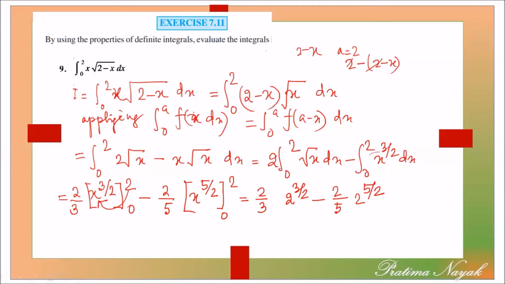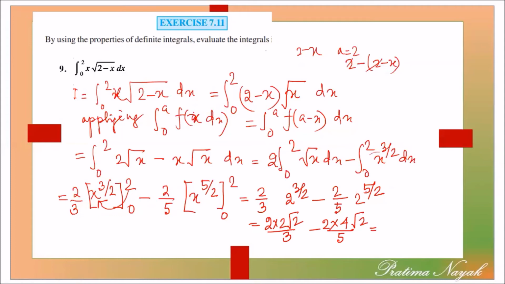So how much will it be? You can find out, or you can write 2 to the power 3 is 8, square root 8, so this will be 2 root 2. 2 into 2 root 2 by 3 minus, 2 to the power 5 means 4 root 2, 2 into 4 root 2 by 5.